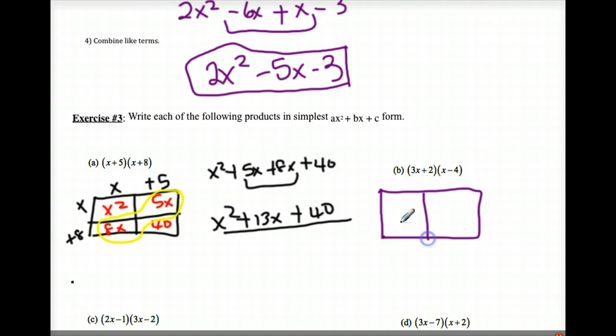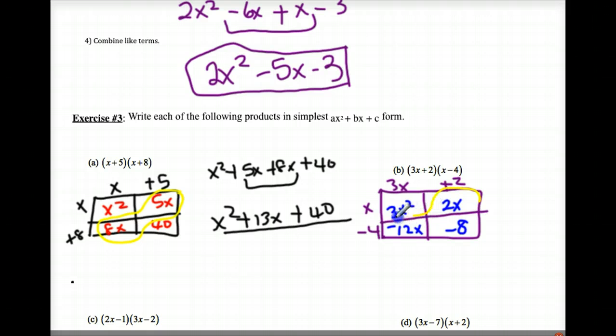Make a 2 by 2 grid. This is 3x plus 2 and x minus 4. So let's fill this in. 3x times x is 3x squared, plus 2x, minus 12x, and this is minus 8.